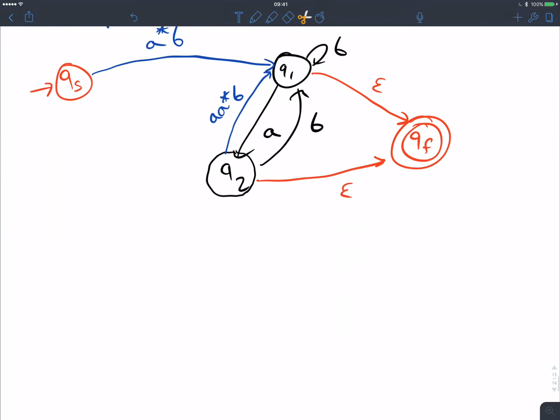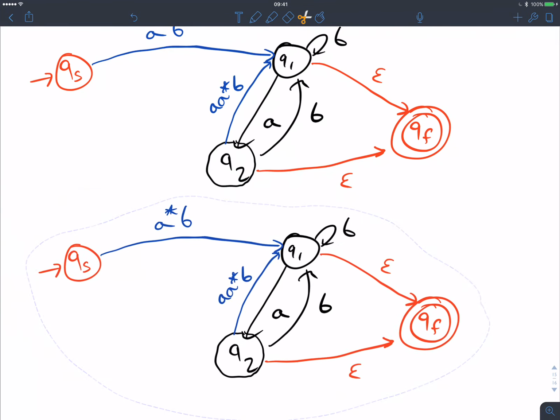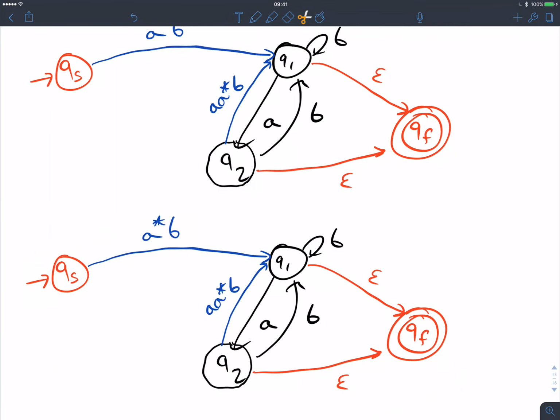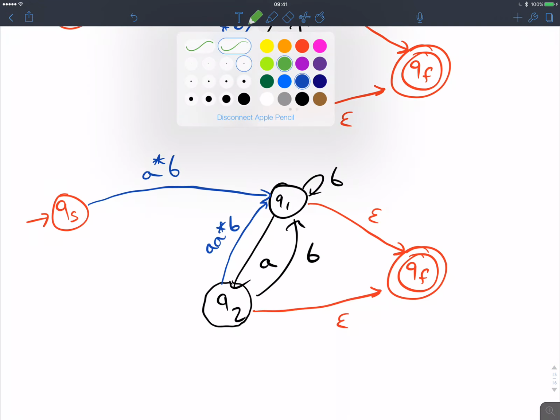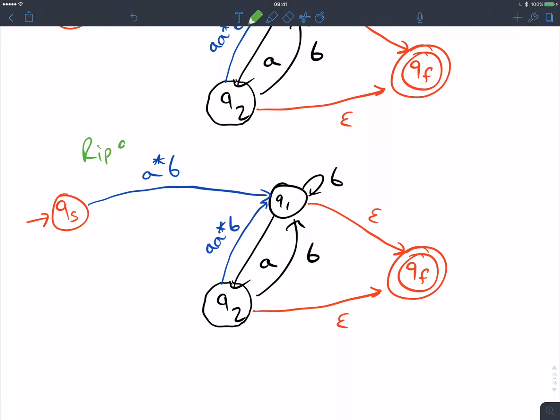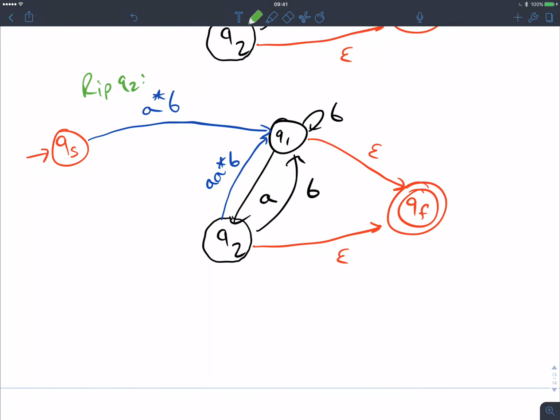All right, so now what do I do? Got to rip another state. Any preference? Q2. So I'm going to put this in a different color. So rip Q2. How many ways into Q2 are there from somewhere else? 1. How many ways out to somewhere else?